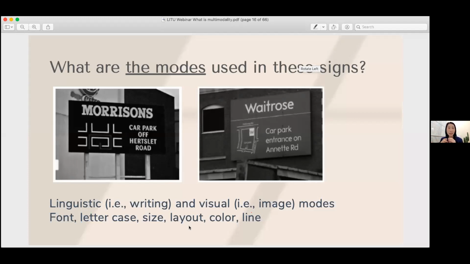These are from a printed book, so we cannot really see colors. But from the black and white contrast, for Morrisons the background is darker and the font is white, so the contrast is clearer on the left. For Waitrose, I'm not sure what color the background is, but it is lighter for sure. There are some lines and things like that. So there are a lot of things you can look at when we talk about modes.